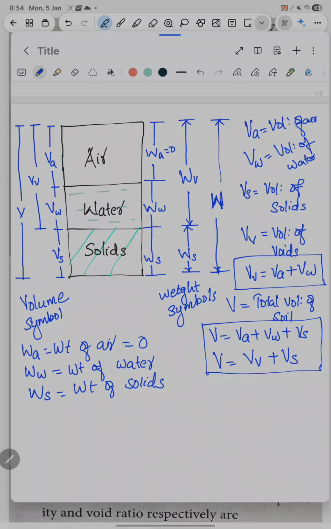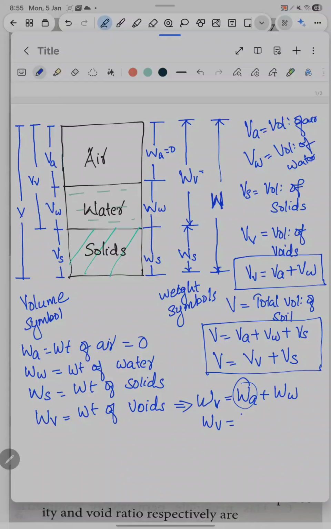Here we write volume of voids is volume of air plus volume of water. Similarly, we can write weight of voids. WV is equal to weight of air plus weight of water. Here weight of air is 0, so we can say weight of voids is equal to weight of water.